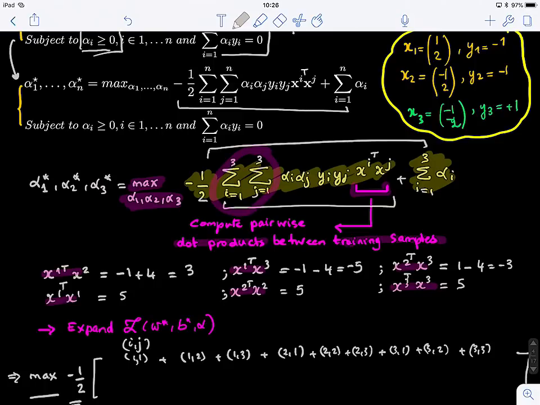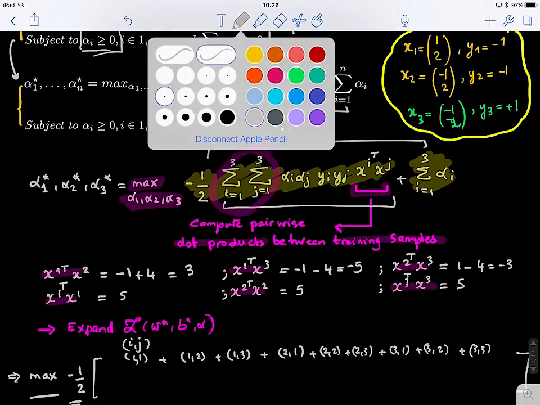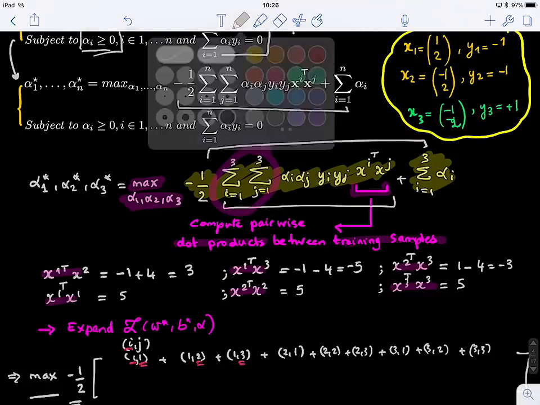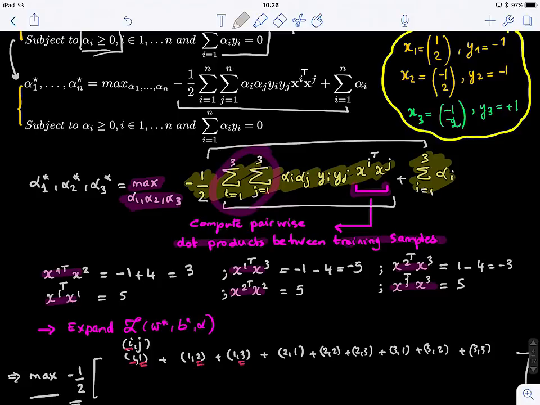Okay, if we do the first term together, it's quite easy. Here we fix i and vary j, so you guys know how to do double summations. Let's write the first term. For i equals 1 and j equals 1, we have alpha 1 squared, and then y1 y1, that's a positive number, plus 1.